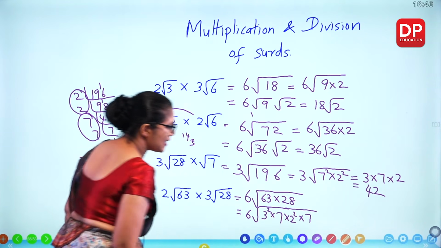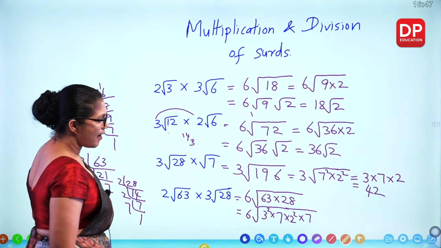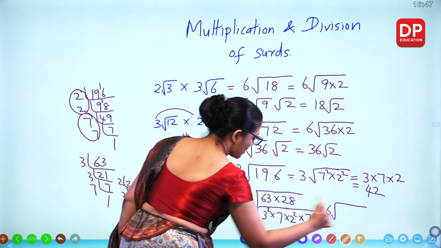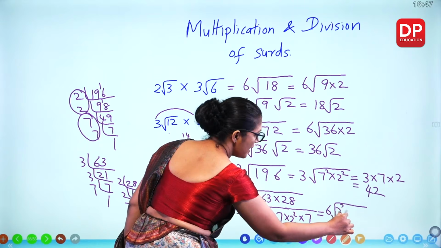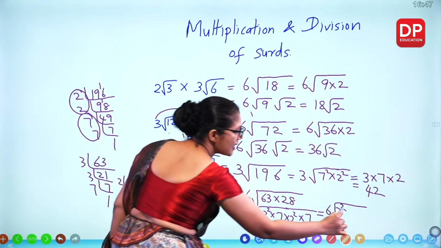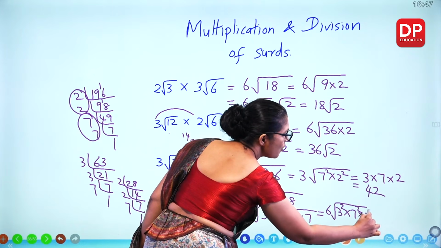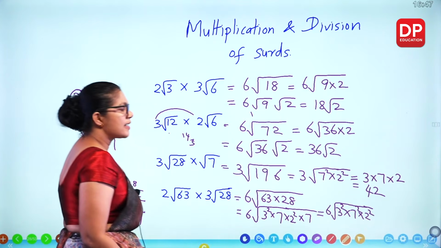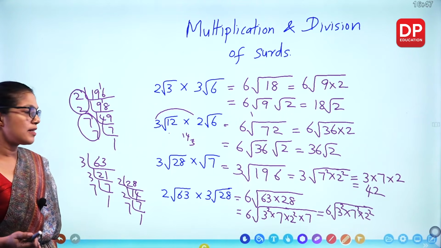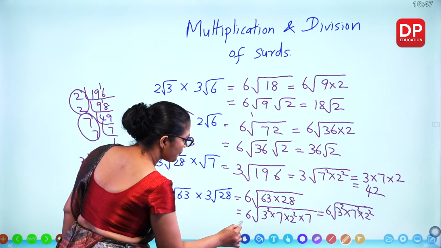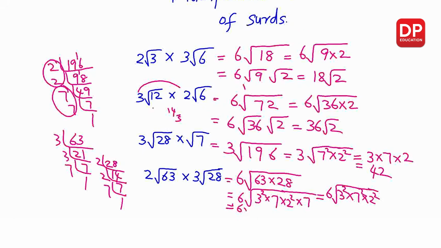Now can we see? We can rewrite this as 6 square root of 3 squared, 7, again 7, and 2 squared. So we know when you take square root and square term get cancelled out, and finally we get 6 times 3 times 7 times 2.